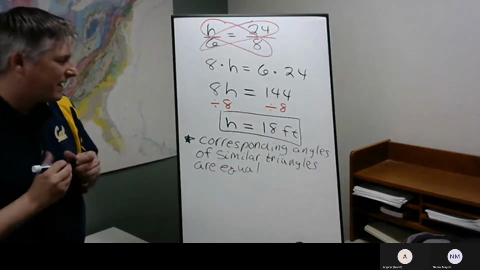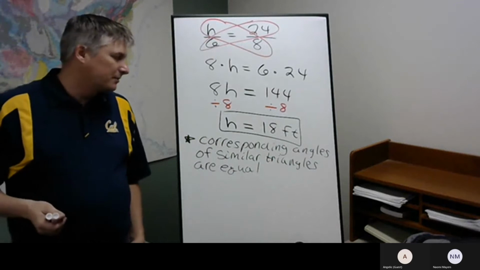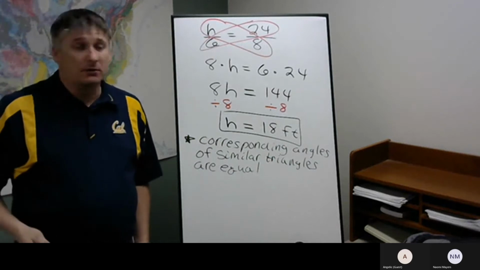So corresponding angles of similar triangles, those are going to be equal.